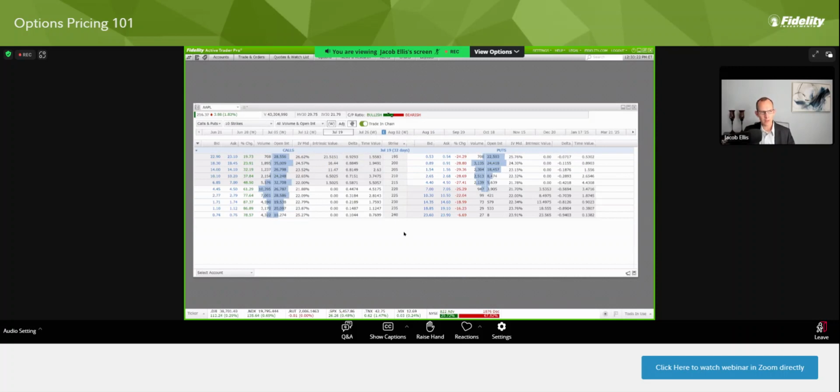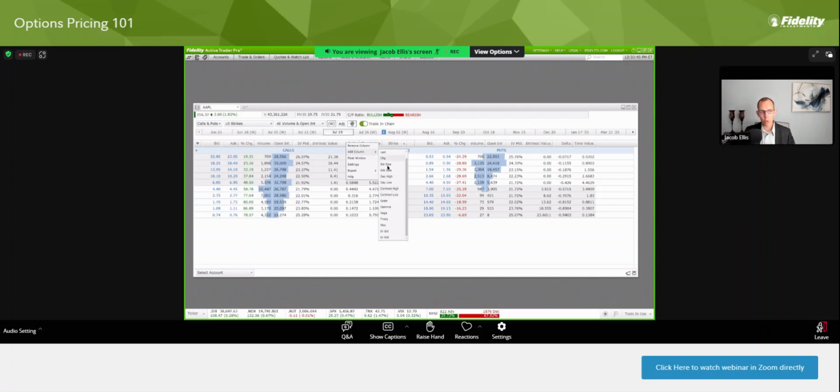But you may or may not have known that the different columns presented to you are actually customizable. You will notice that I have a column labeled Delta right here on the options chain. If you do, then great, follow along. If you do not, right-click up here, and you can add additional columns.